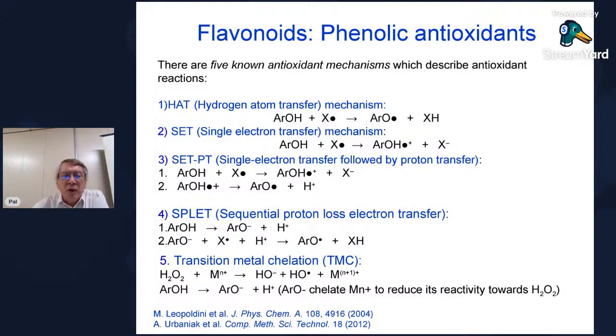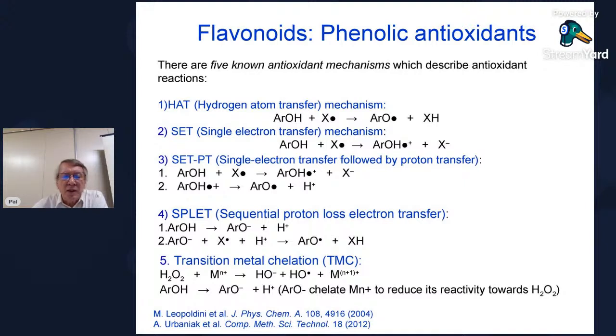The sequential proton loss electron transfer is again a complex mechanism in which the deprotonated form of the phenolic antioxidant is formed with the radical, resulting in the protonated form of the radical and the aryloxy radical, which are formed in the first step, for example.